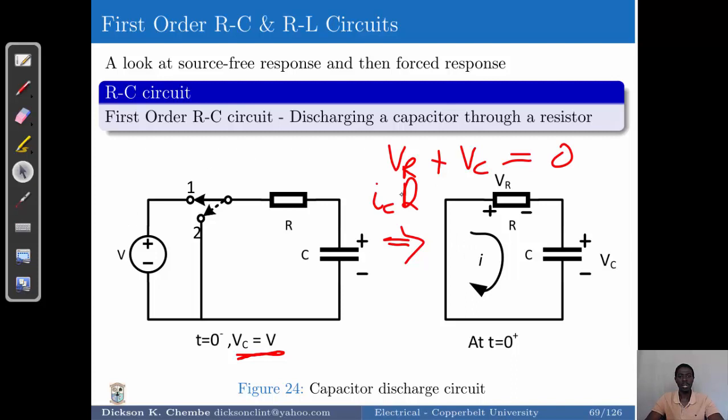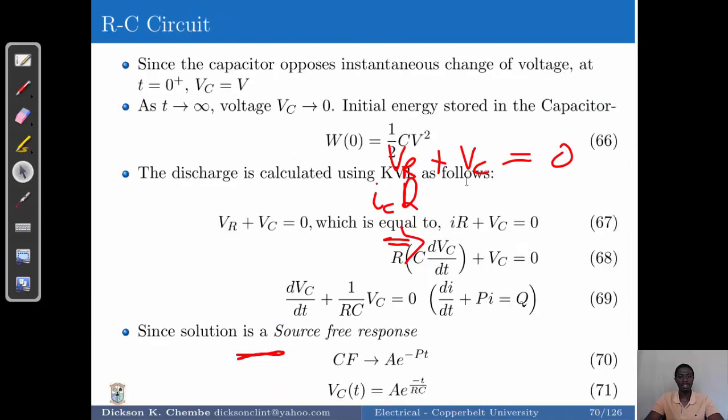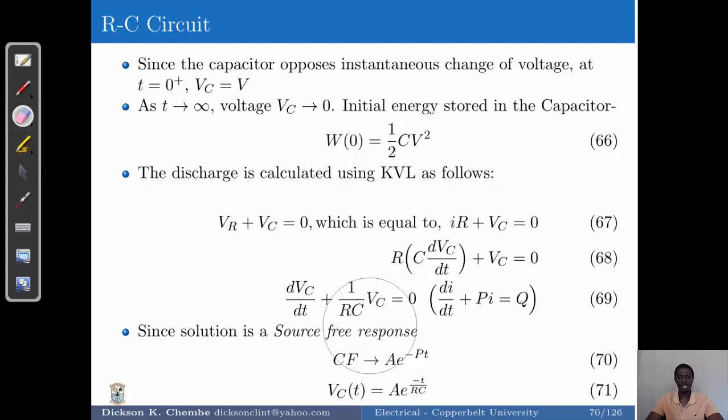Therefore, when we look at this equation further, that's what we have. So we apply KVL, which is what is written here, and we have IR plus VC equal to 0.